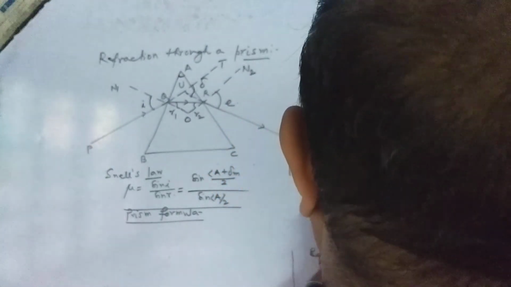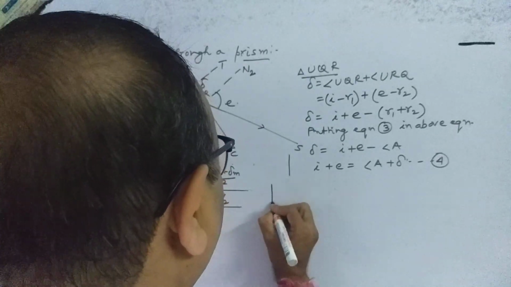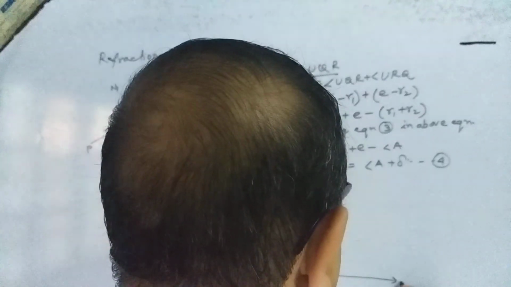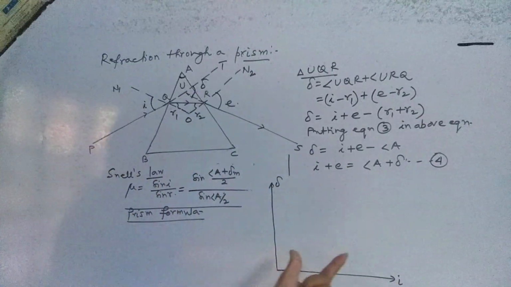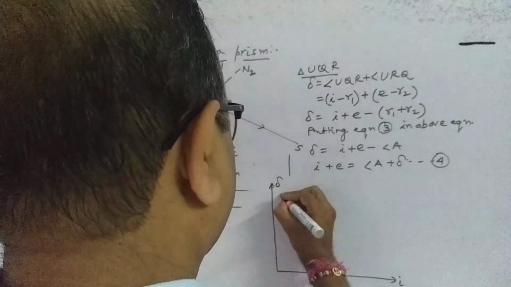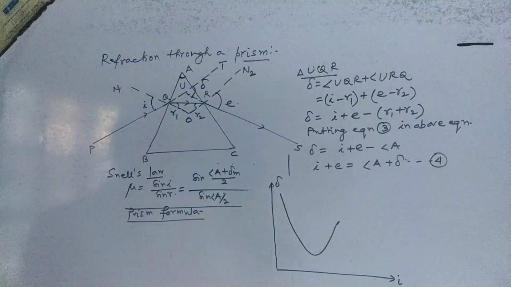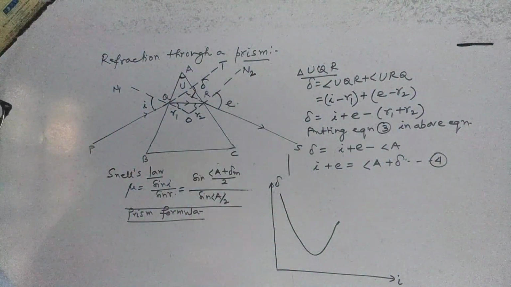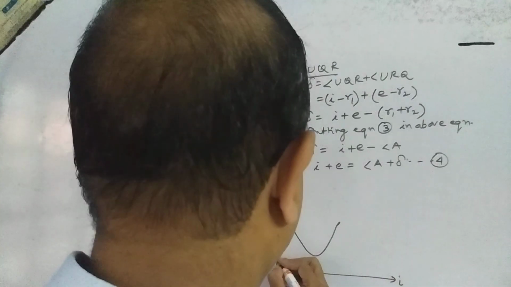See, I draw a graph for delta versus I. For taking different angles of incidence, if I plot the angle of deviation, then we shall get the graph like this.